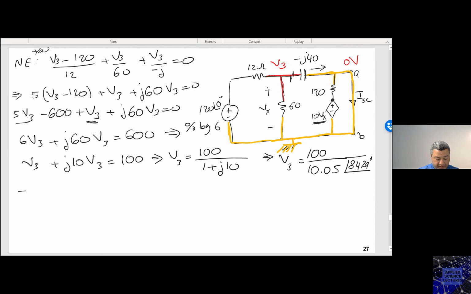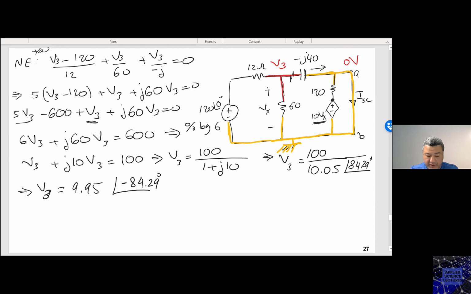So V3 is 100 divided by 10.05, which is 9.95, angle minus 84.29 degrees. This is V3. So I found V3 here.